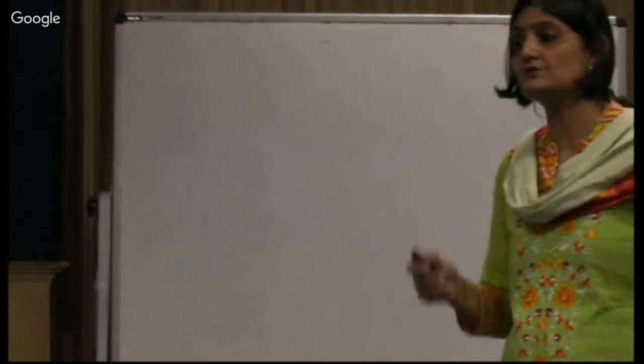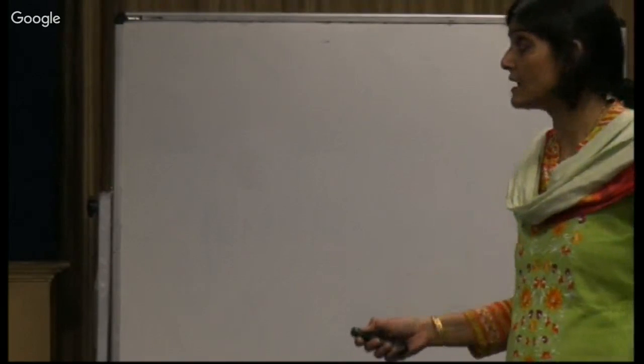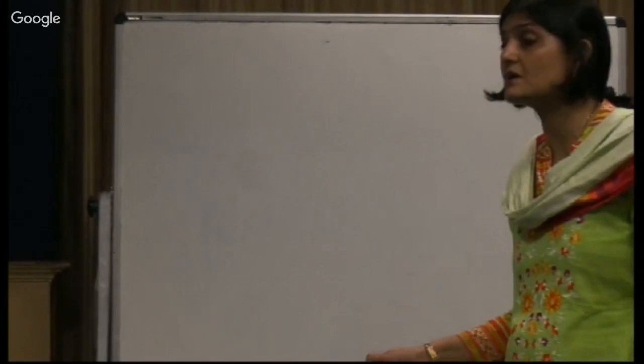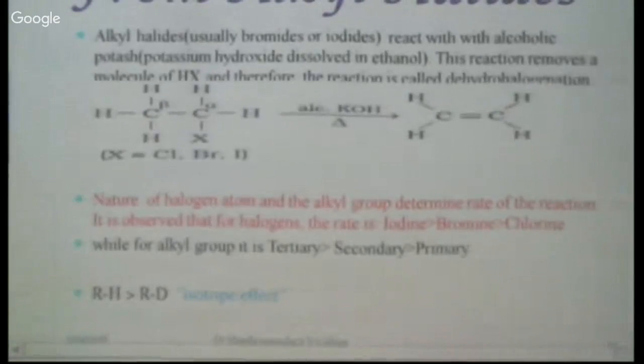Next is from alkyl halides. Now, alkyl halides undergo a dehydrohalogenation reaction where hydrogen and halogen have to be lost from the adjacent carbons. Okay? It is an elimination reaction which takes place in presence of strong bases like alcoholic KOH.